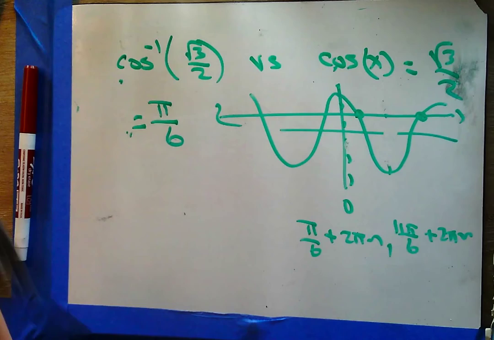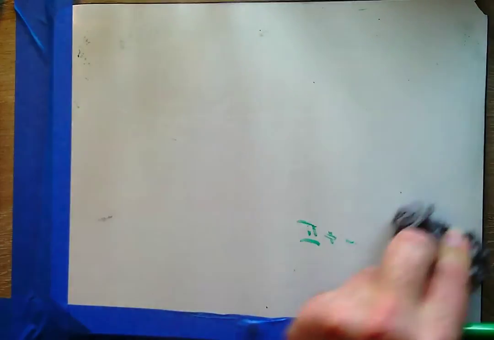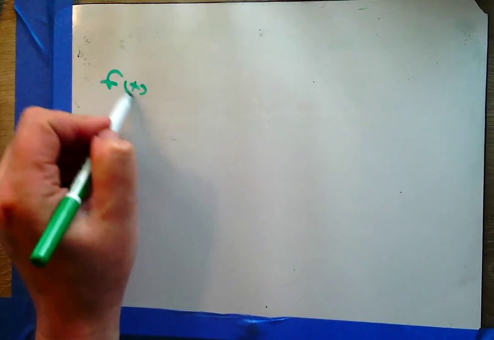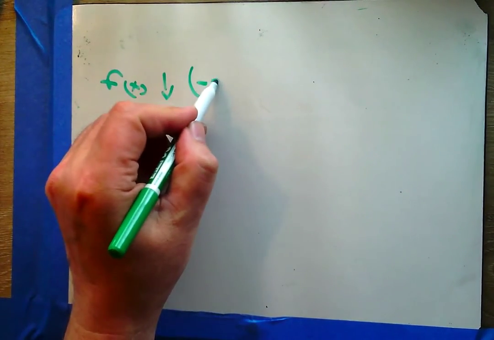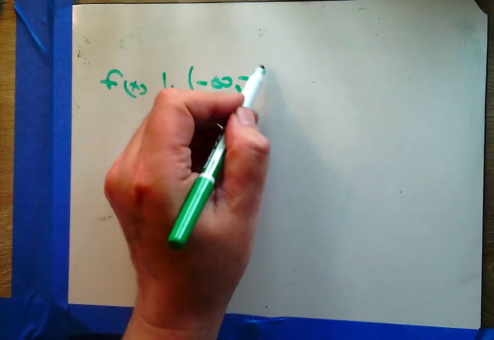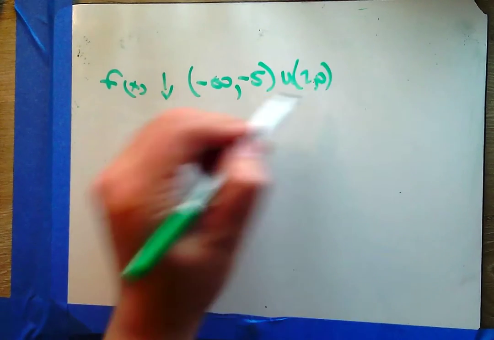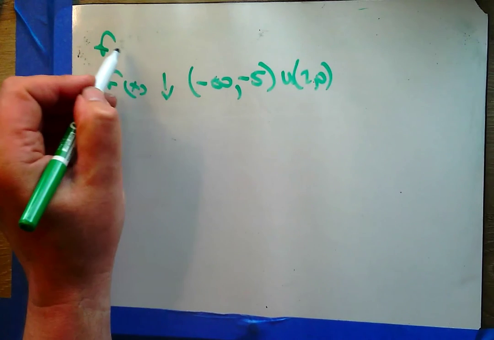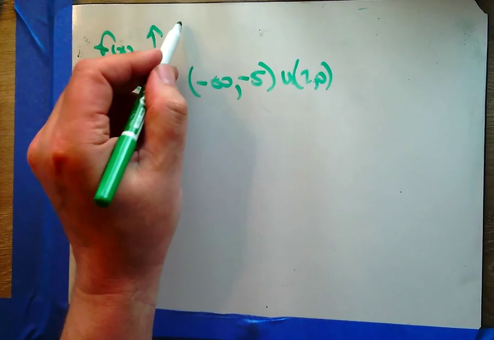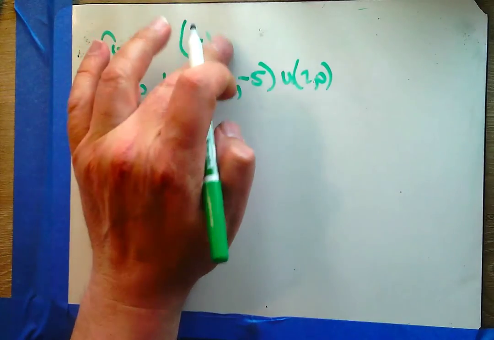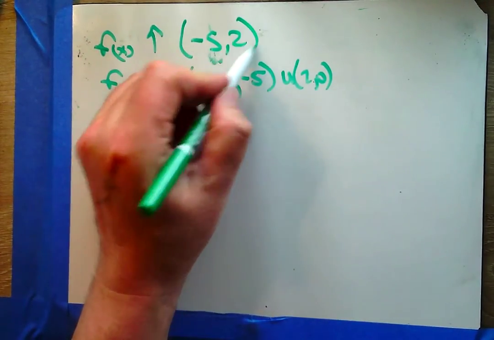All right. The next thing that people really seem to find mind-blowing in the last few weeks was this idea of drawing a graph from given information. So, for example, f is decreasing on negative infinity to negative 5, union 2 to infinity. f is increasing on negative 5 to 2.